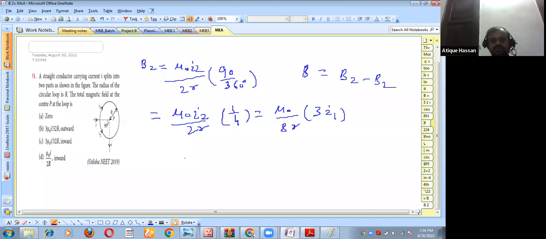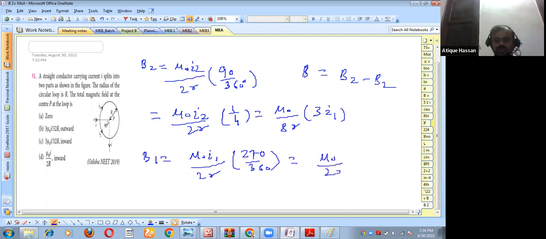And similarly, we can calculate B1. B1 will be mu naught I1 upon 2R into 270 by 360. So it will be equal to mu naught I1 by 2R into 3 upon 4, right?